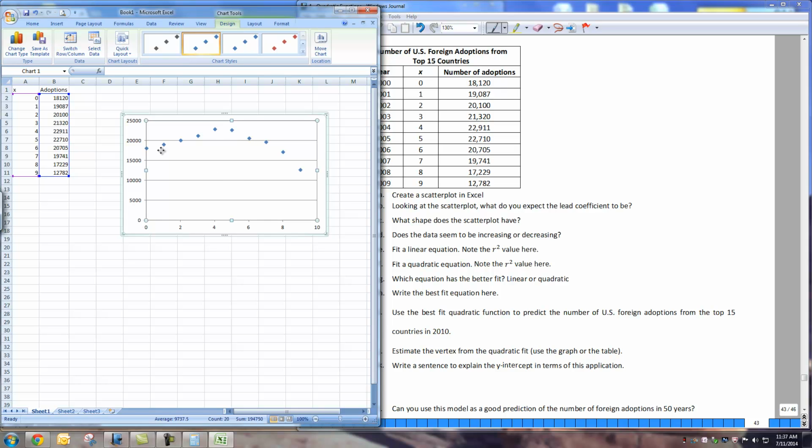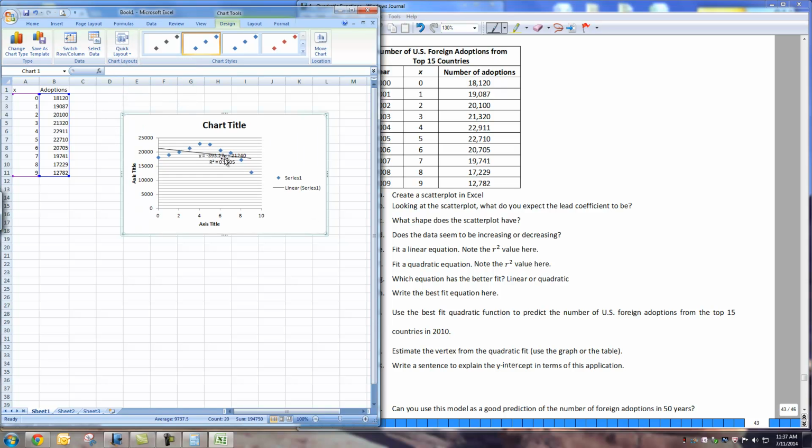So now what I want to do is go to my layouts, and I'm going to go all the way down here and click Layout 9. So notice it puts in all this information. I want to click on this right hand side and delete it. And I'm going to click on the little lines in here and delete them.